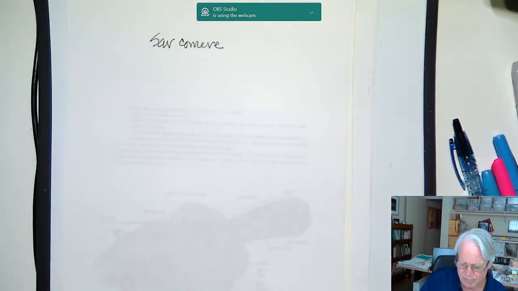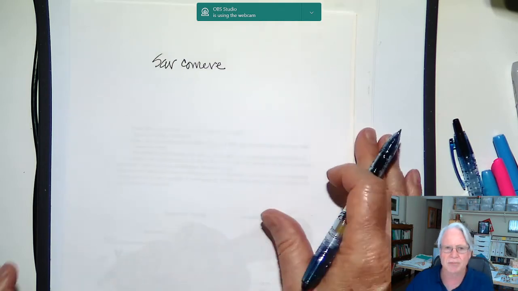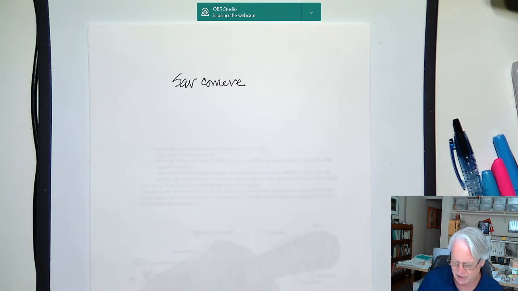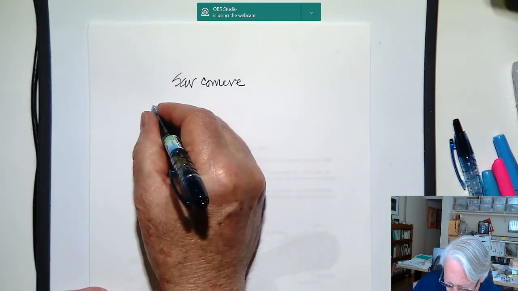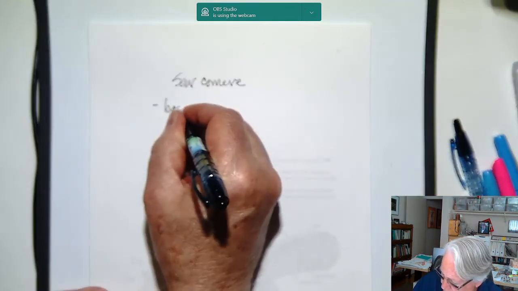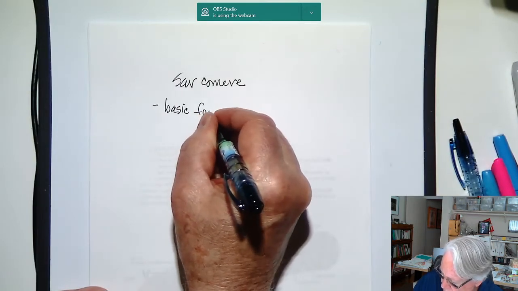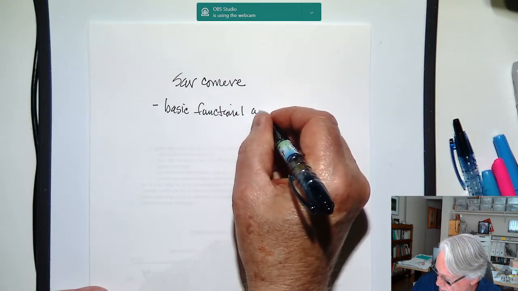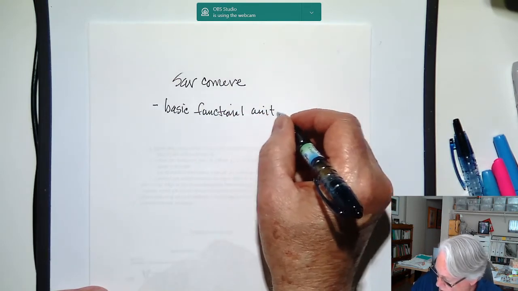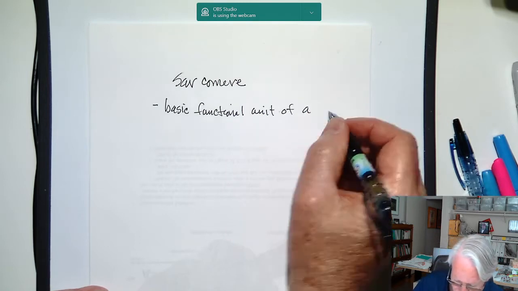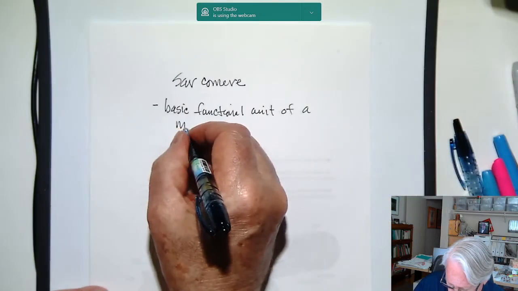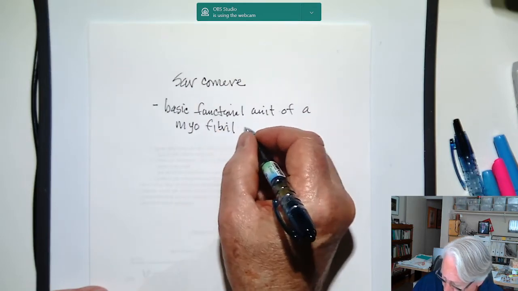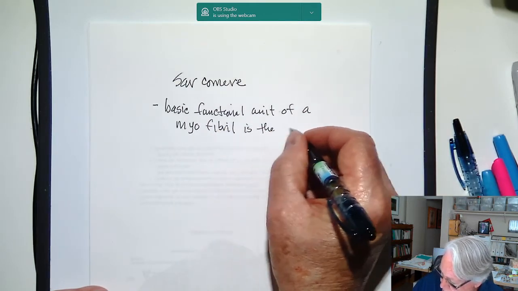So let's begin. We've got the title of this section, which is sarcomere. And let's get some basic information down. So the basic functional unit of a myofibril is the sarcomere.